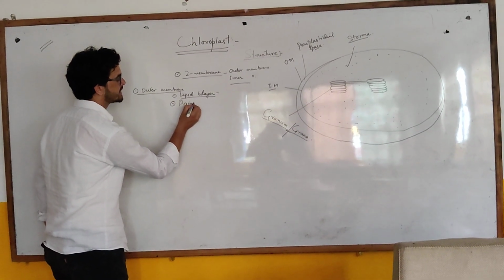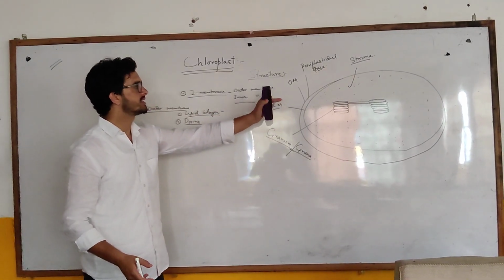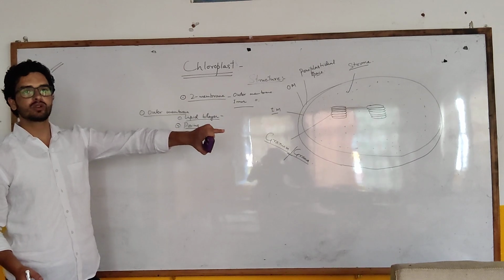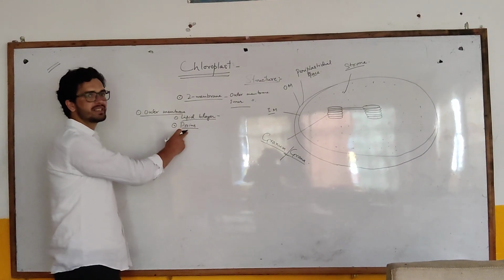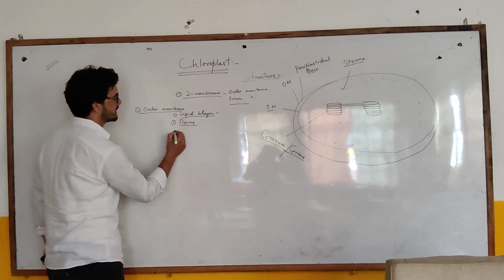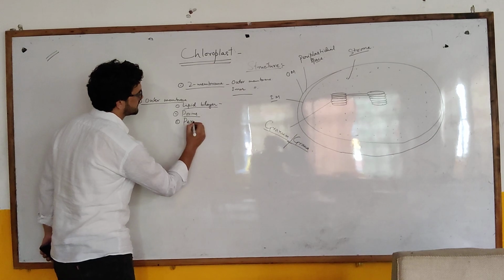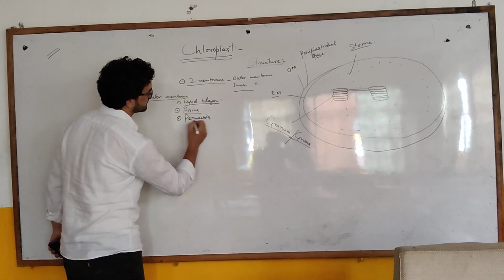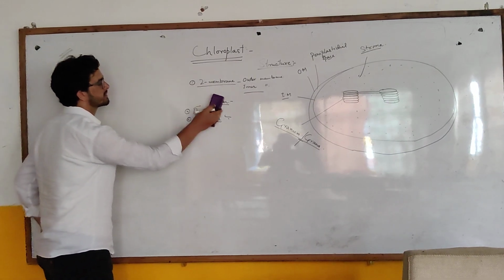These are specialized proteins through which material will easily pass through the cytoplasm inside the chloroplast and outside the chloroplast. Due to the presence of these porin proteins, this membrane is said to be a permeable membrane. This is all about the outer membrane.